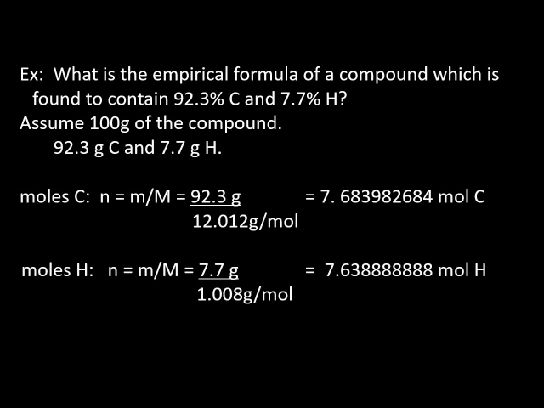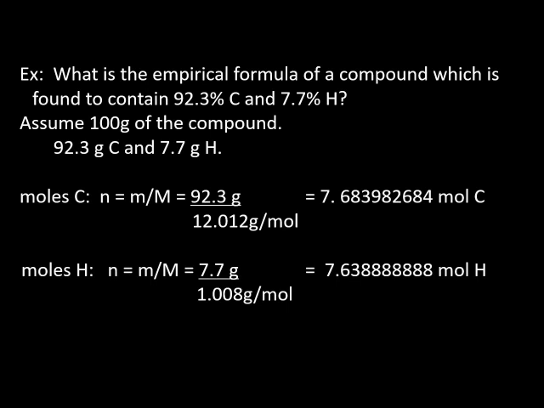Then for the number of moles of hydrogen, same calculation. And we end up with two numbers that are very, very close to each other. And so we can tell pretty much from the get-go that if we round this to the correct number of significant digits, we've pretty much got a 1-to-1 ratio here.